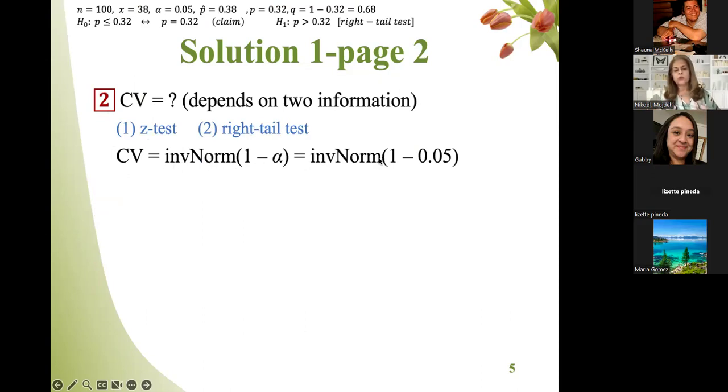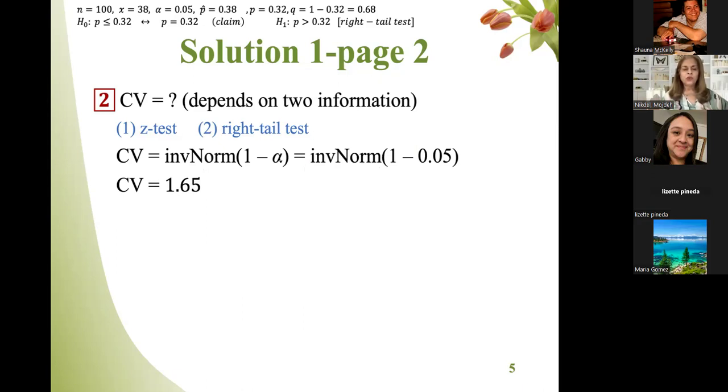So inverse norm of 1 minus 0.05, and that gives you 1.65. Or if you're using your calculator, 1.64, but if you memorize it, 1.65. It doesn't matter, 4 or 5, I accept both versions.